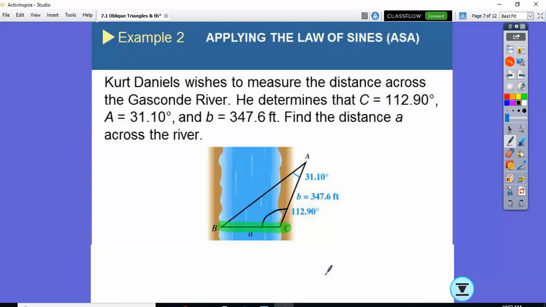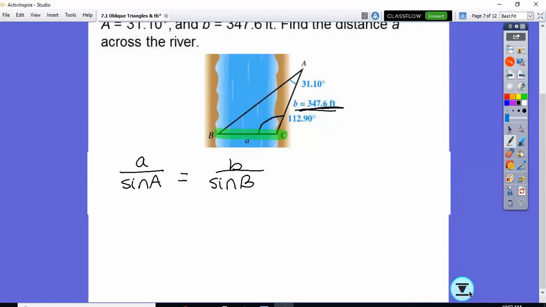So how many times will I have to do the law of sines? Just once. We need A, so we'll have to do A over sine of A equals, the only distance I have is B, so we'll have to do B over sine of B. I don't know A. Angle A is 31.10 degrees.